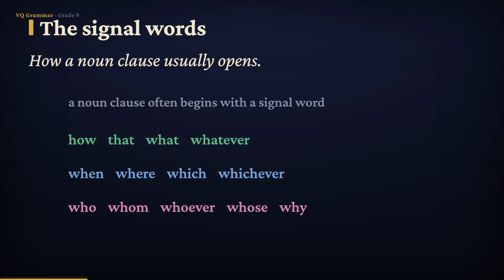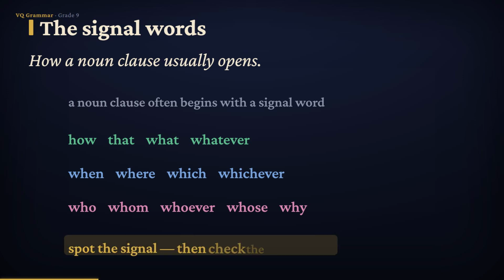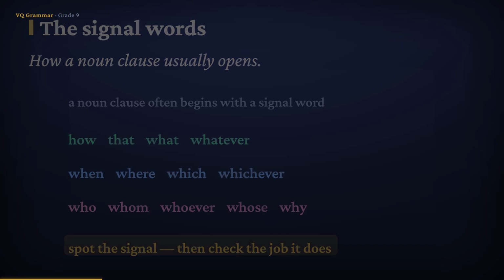You'll notice some of these words also start questions, and that's no accident. But a signal word alone doesn't make a noun clause. You still have to check the job the clause is doing. Spot the signal first, then look at how the clause is being used.